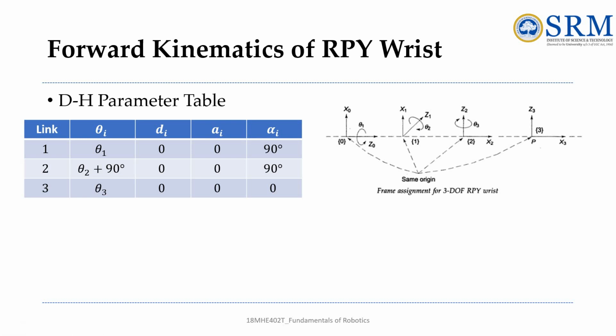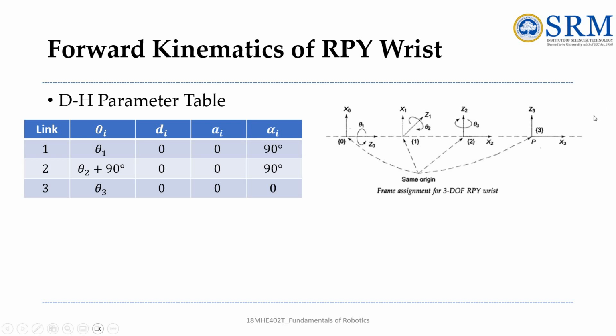Okay, so it has to be calculated about rotation, that is the pitch angle. Okay, so you will have theta 2 plus 90. Okay, so here again there is no offset and there is no link length, but we have the pitch angle. Okay, that is as 90 degree.